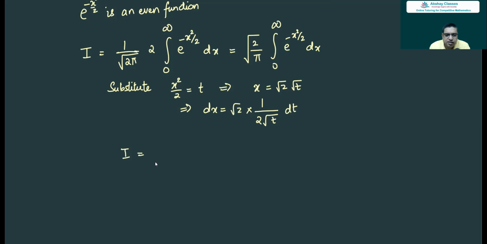So I is under root 2 upon pi. Now again, as x is 0, t will be 0, when x goes to infinity, t goes to infinity. So integral 0 to infinity, we get e power minus t into 1 upon 2 under root t dt.